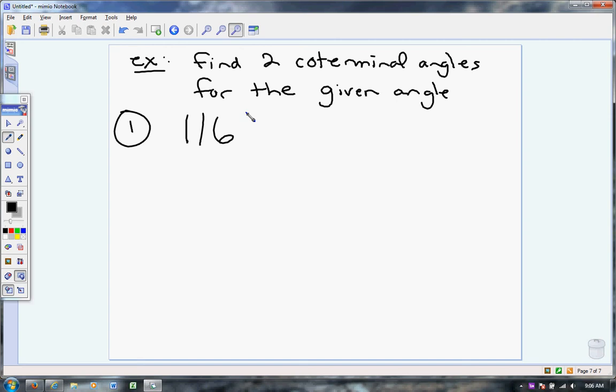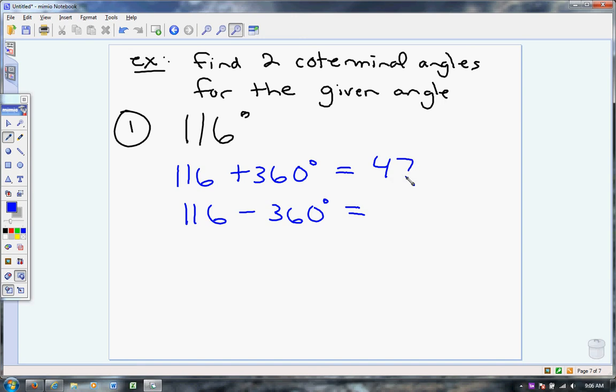Let's say they give me 116 degrees, and they say find 2 coterminal angles for 116 degrees. Well, remember what I said. We can do 116 plus 360 to get one of them, and I can do 116 minus 360 to get another one. 116 plus 360, isn't that 476 degrees?